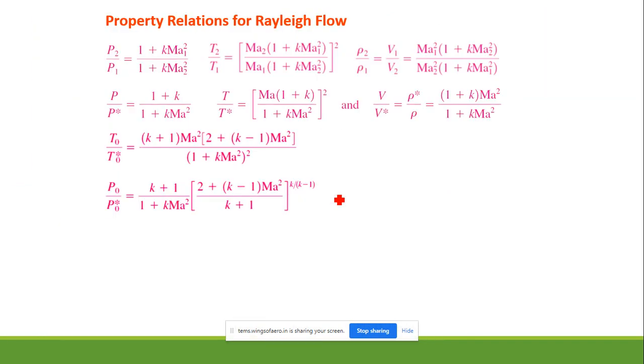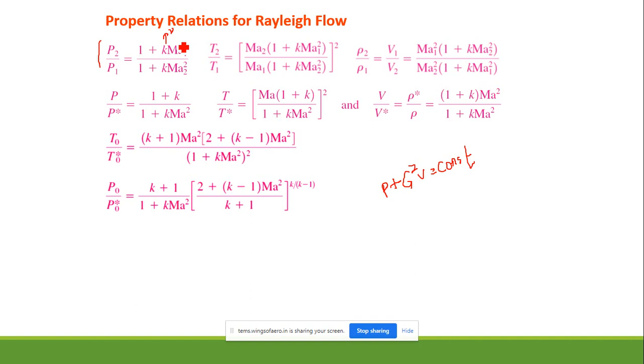The fundamental equation for a Rayleigh flow is P plus G square V equal to constant. And these are the equations which denote the properties across the waves. So P2 by P1 equal to this. Here the K is gamma.